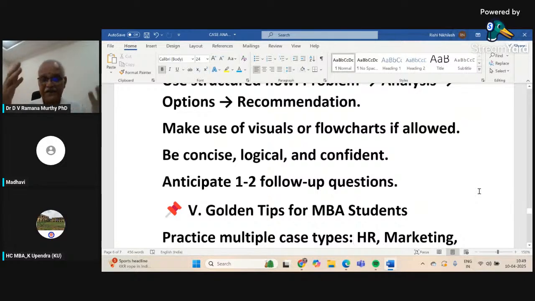Of course, in the examinations, you write a case and hand over the script to the invigilator, that's all. But in recruitment exercises or competitions, your job will not end at just the presentation. Anticipate follow-up questions.